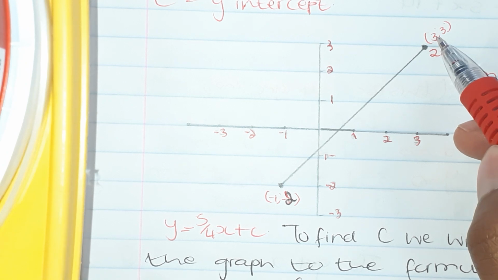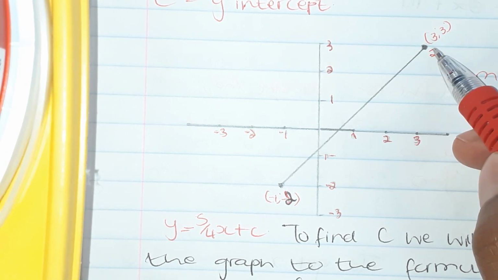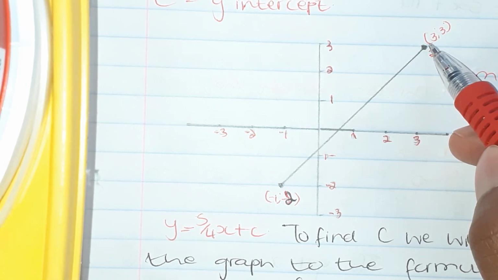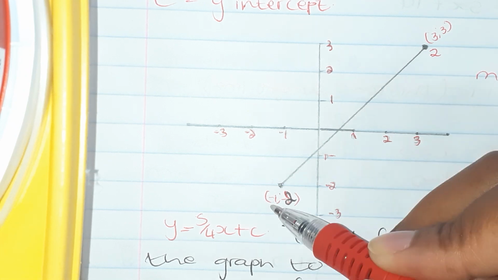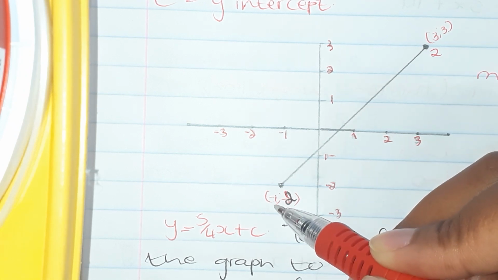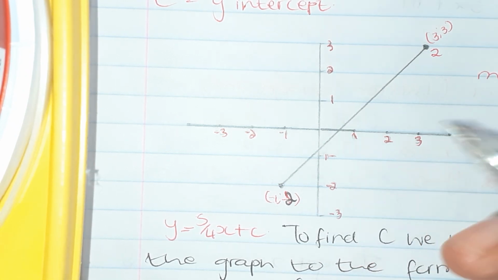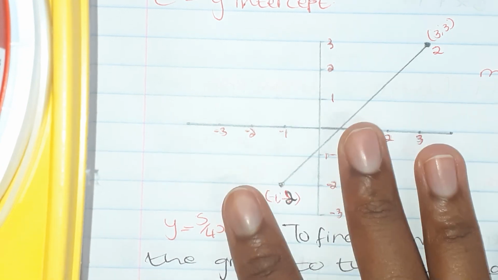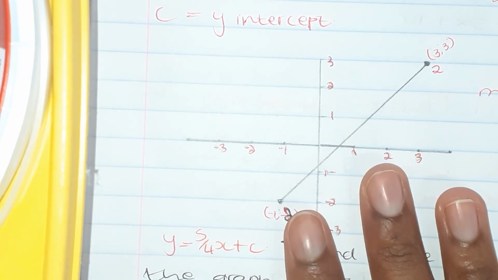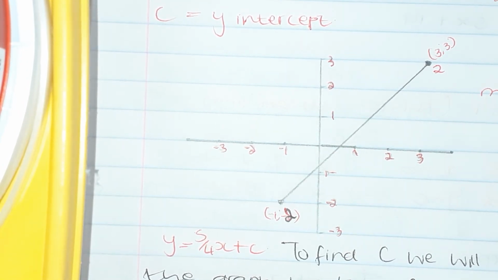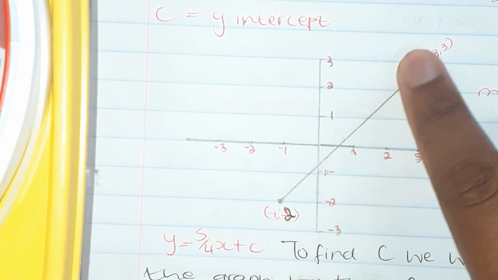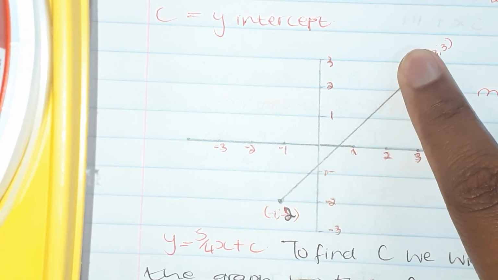And then the coordinates here are 3 for x and 3 for y, and then -1 for x and -2 for y. Now having this graph, we are asked to determine the equation of this graph. This is a straight line. Grade 10s, grade 11s, and grade 12s.